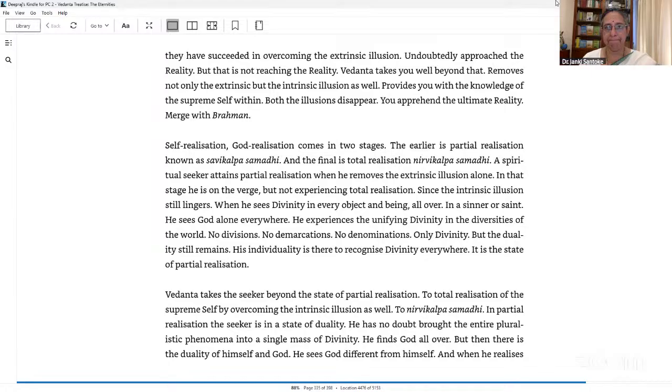Vedanta takes you well beyond that, removes not only the extrinsic but the intrinsic illusion as well, provides you with the knowledge of the Supreme Self within. Both the illusions disappear. You apprehend the ultimate reality, merge with Brahman.